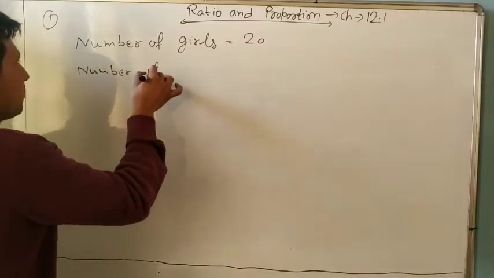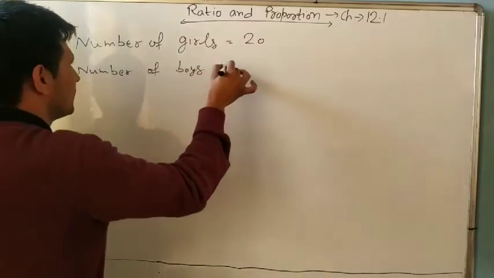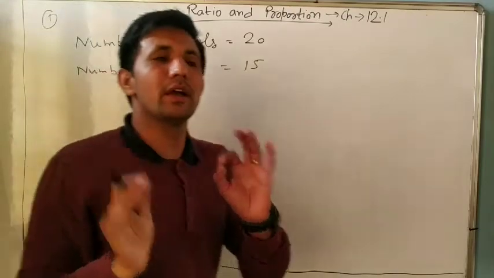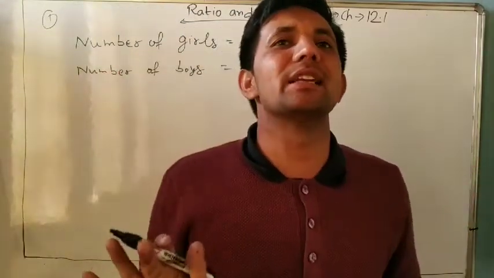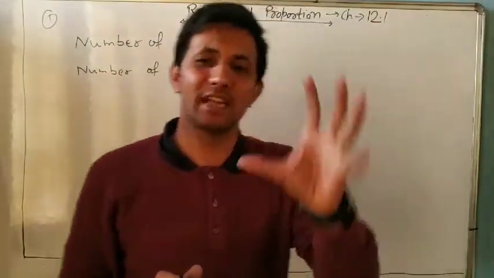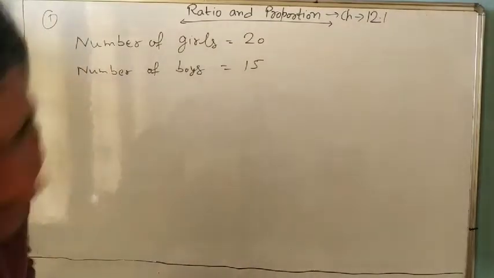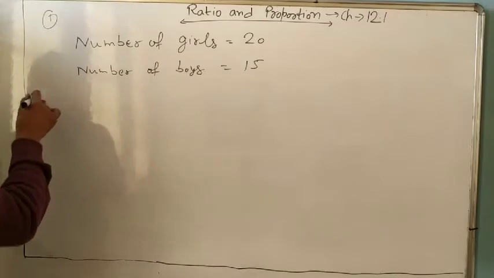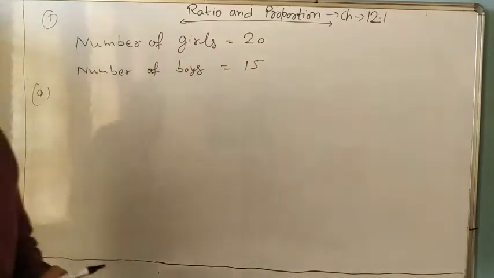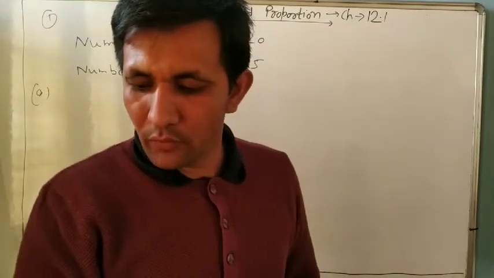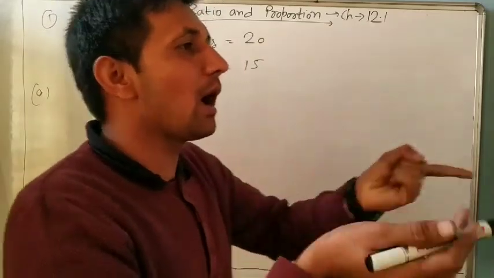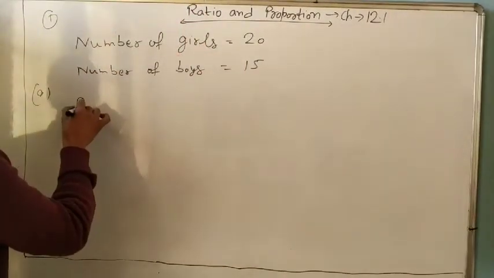So number of boys, 15. Remember here ratio means comparison, and ratio can be treated as a fraction. Now in first part, in A part, we have to find the ratio of number of girls to the boys, right?